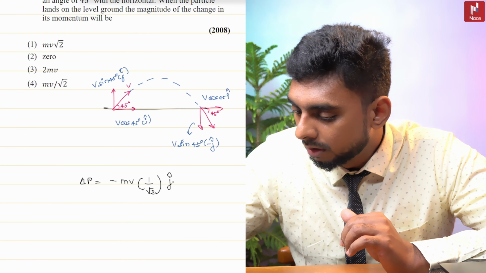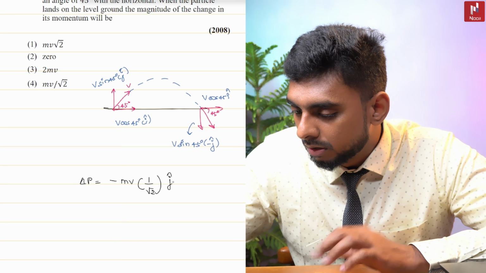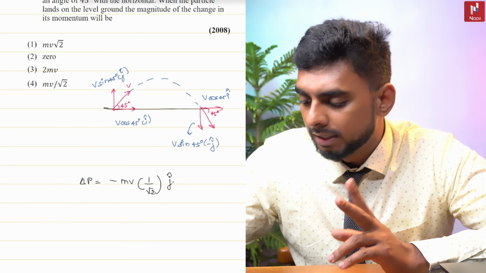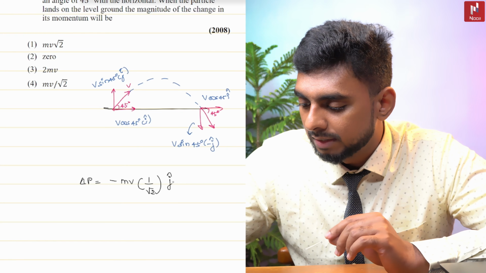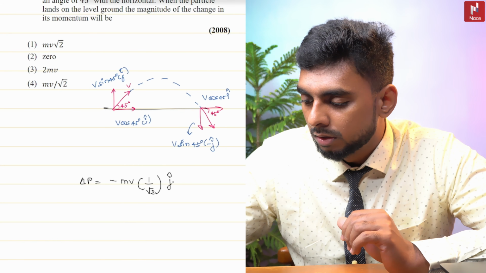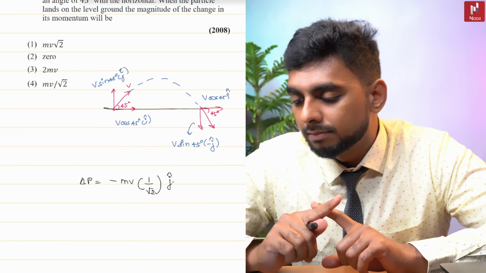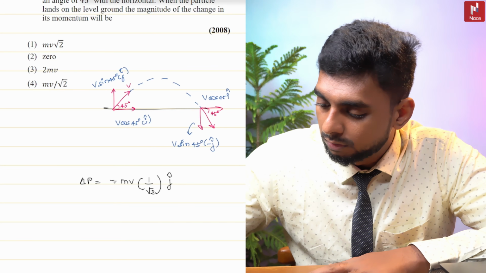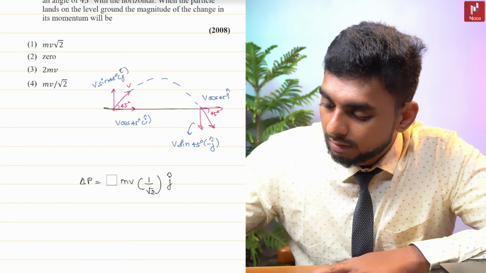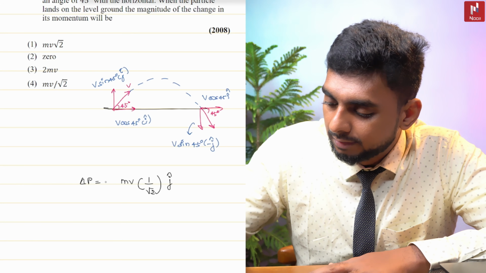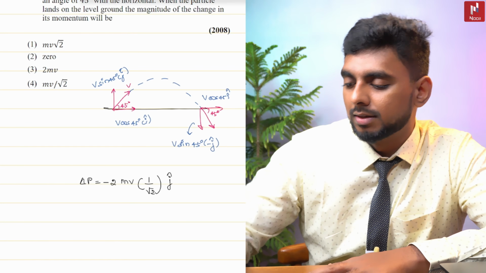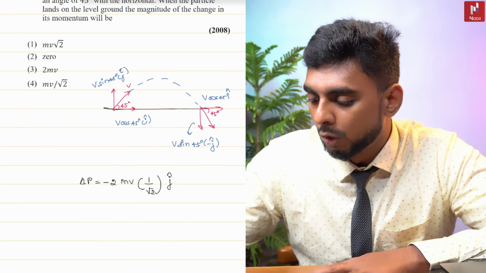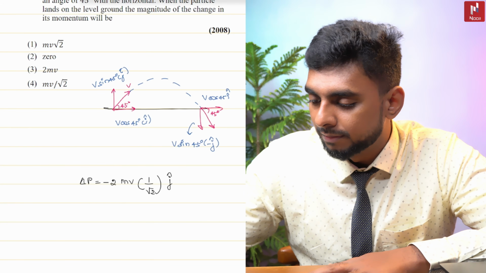As it got added, there will be two terms into it: minus mv 1 by root 2 j cap, and then another one, minus mv, so you should put a 2 in front of it. Got it? It should be clear. Just do the addition of these two terms, and we'll end up getting the final answer: negative root 2 mv.